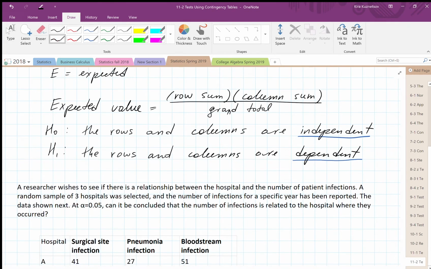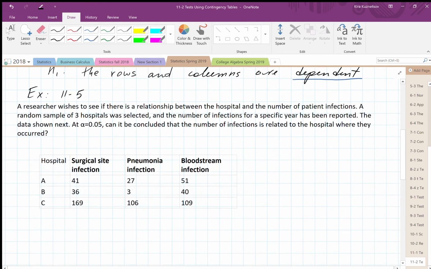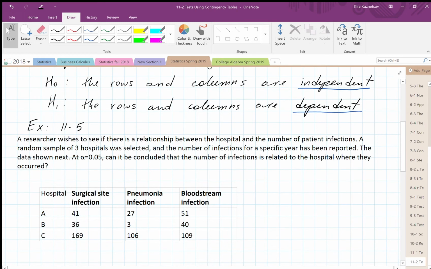What I want to do is jump into an example. This is example 11-5 in the book. A researcher wishes to see if there is a relationship between a hospital and the number of patient infections.